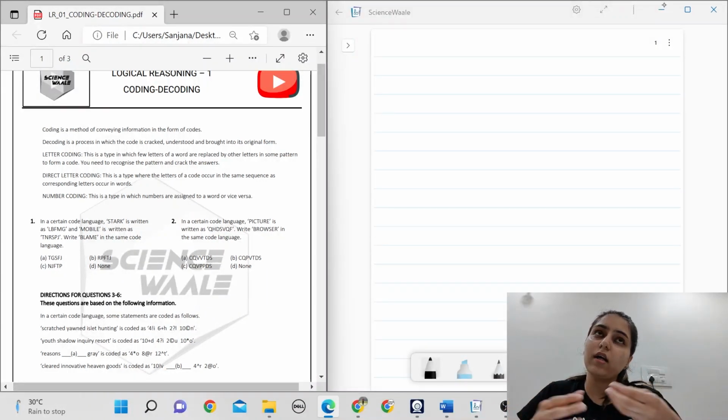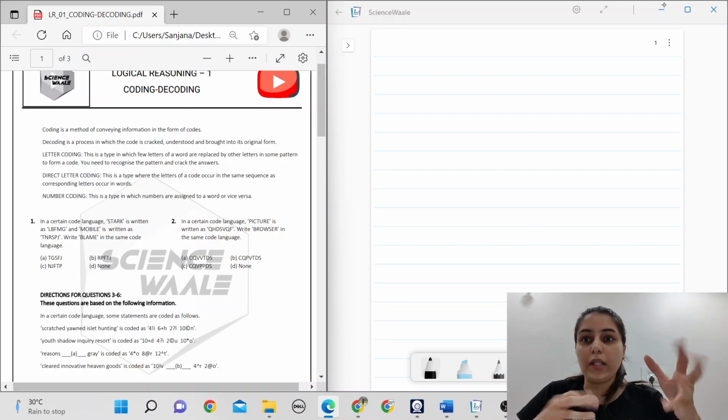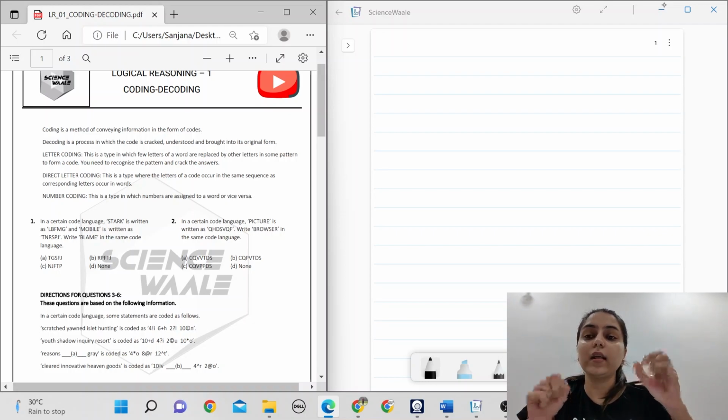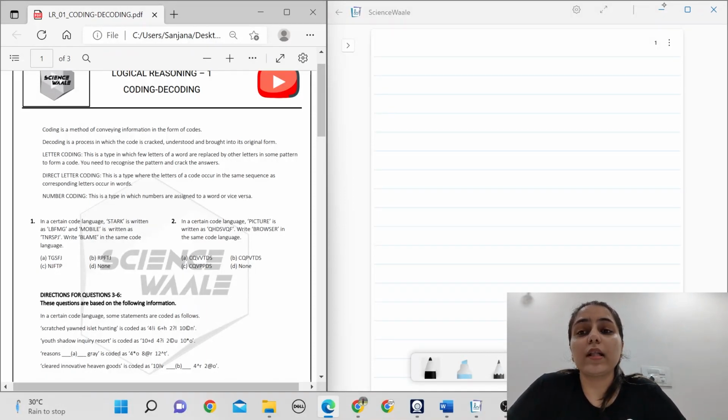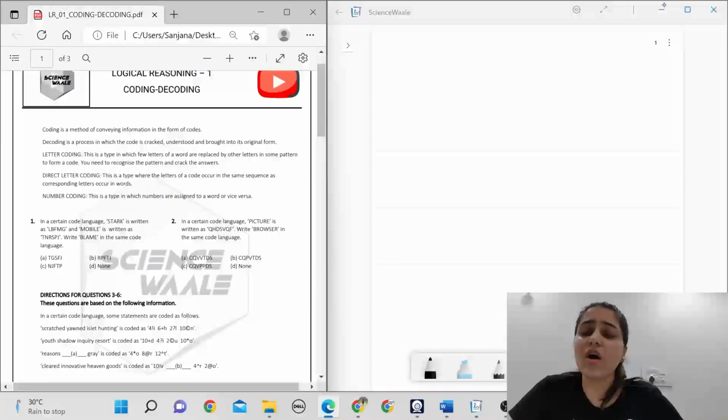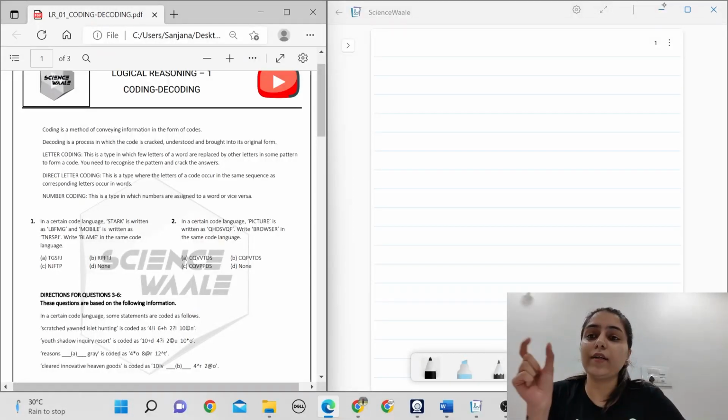Decoding is something where you decode the code, that is, you extract the real meaning of the code and bring it in its original form. Now there are several forms of coding decoding, like letter coding, direct letter coding, number coding, and many more. Letter coding is something where a letter of the word is replaced by some particular letter according to some pattern.